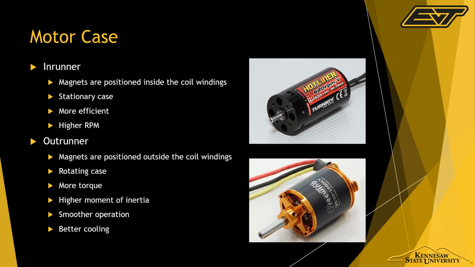So with in-runners, the magnets are always connected to the rotor. The magnets are inside the coil windings. So basically, the case of the motor stays still while the axis of the motor rotates.